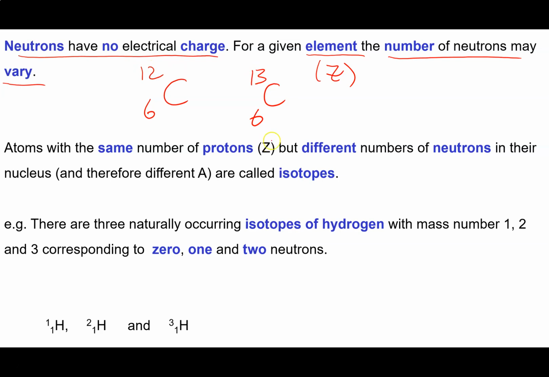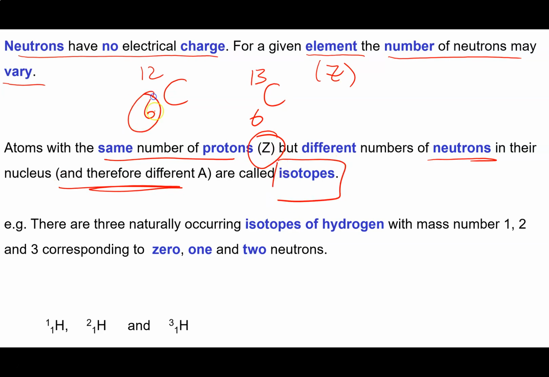So atoms that have the same atomic number, the same number of protons, but different numbers of neutrons, and therefore a different mass number, are called isotopes. So isotopes always have the same atomic number, but different mass numbers.